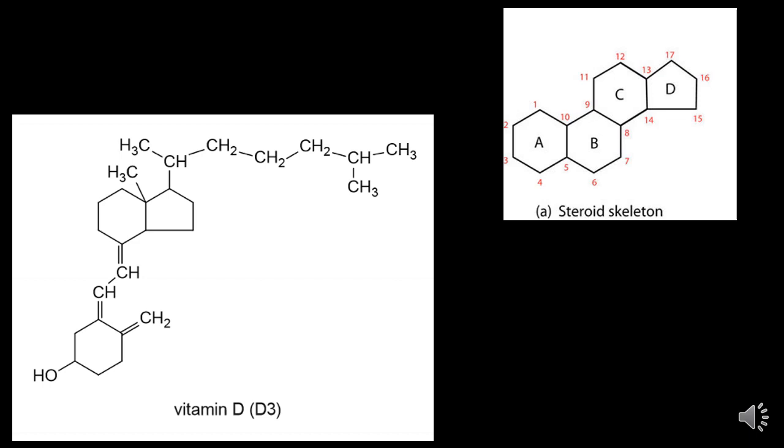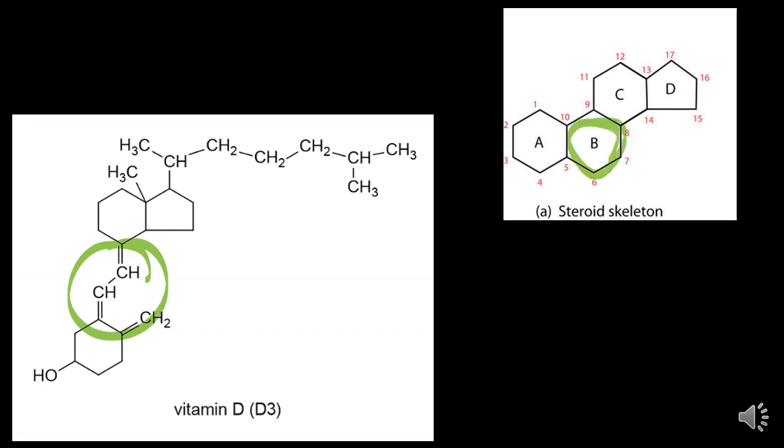So this is one of the more famous ones, a steroid derivative vitamin. So vitamin D is basically what happens when I start with a four-membered ring structure and I break apart this B ring.